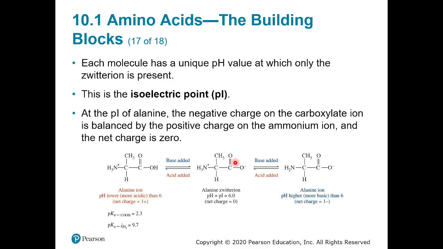As you add more acid, what's going to happen if it goes below pH 6 is you're going to get more of this form. If you are higher than pH 6, like 7.4, you're actually going to end up more with this form. And so what you see at pH 7.4 is you're still slightly more of this than this, but there's a lot of this in there.